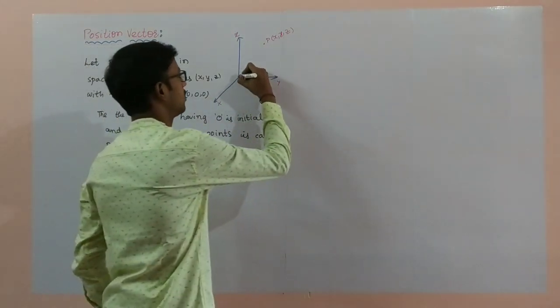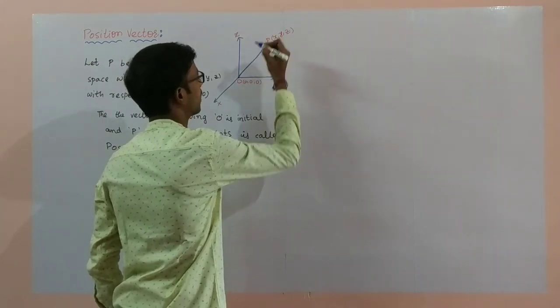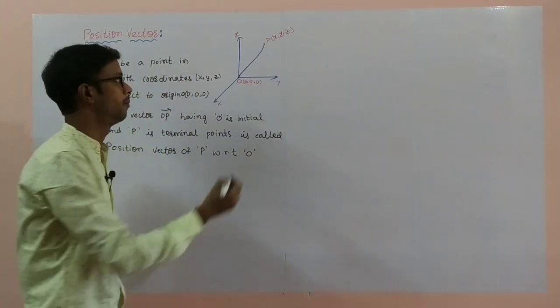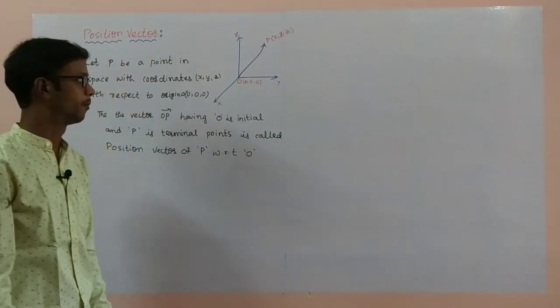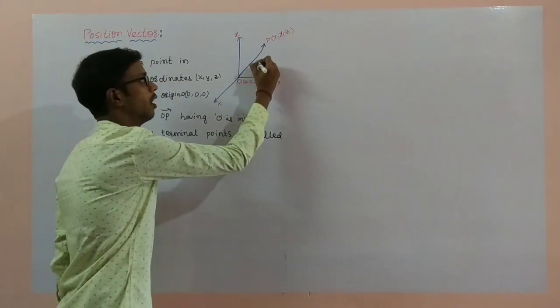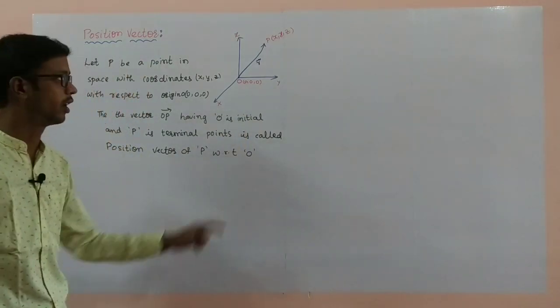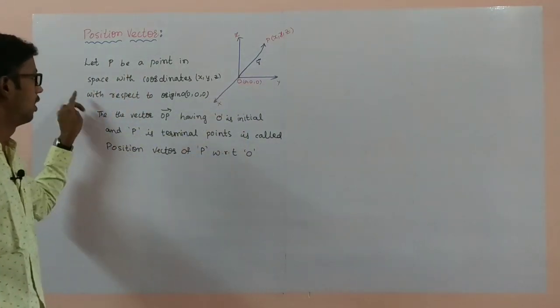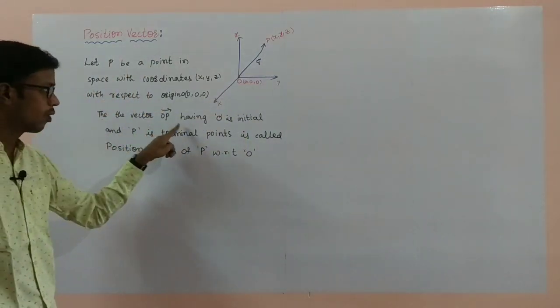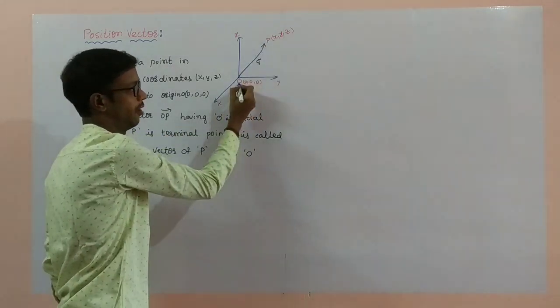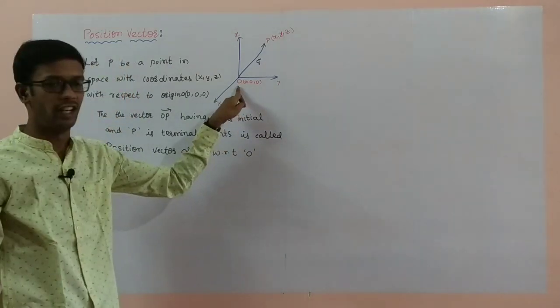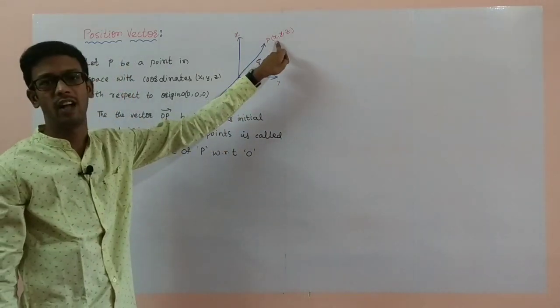If you join O and P in the direction of O to P, this is denoted with r bar. The vector OP bar has O as the initial point and P as the terminal point.